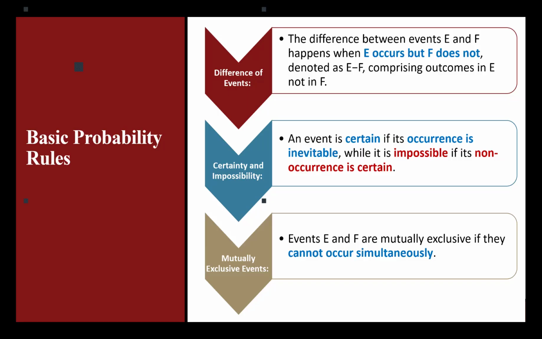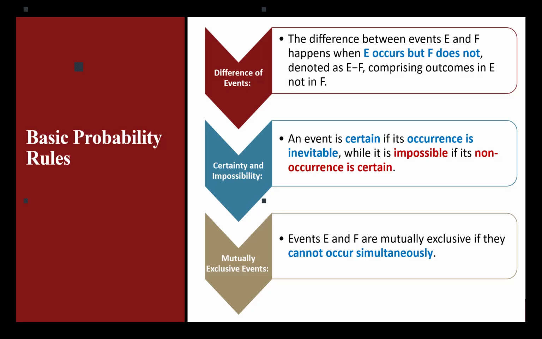Now, the definitions of certainty and impossibility are very important. When we say some outcome is certain, that means it is going to happen, so the probability is 1. I'm reviewing what we talked about before.